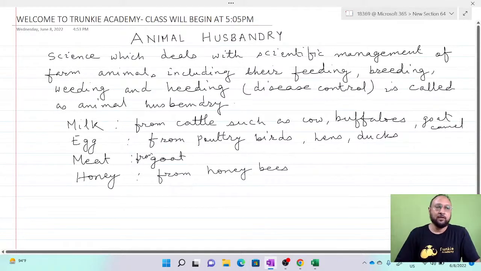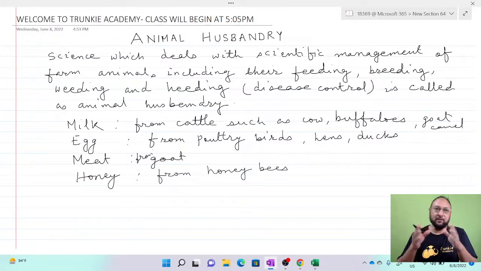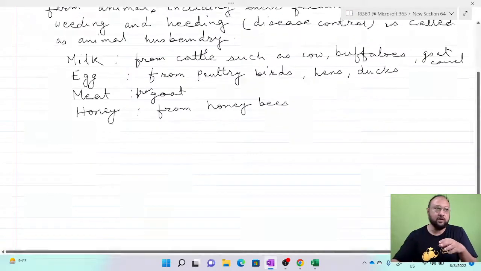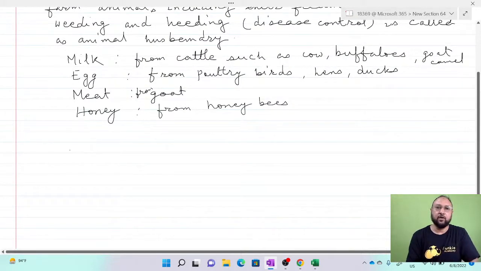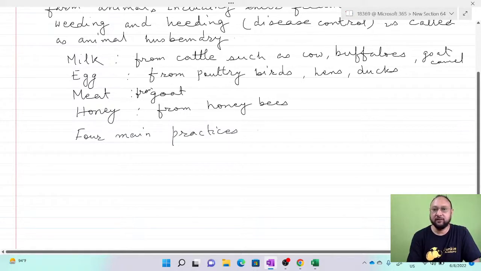So there are four main practices involved in keeping animals in animal husbandry.